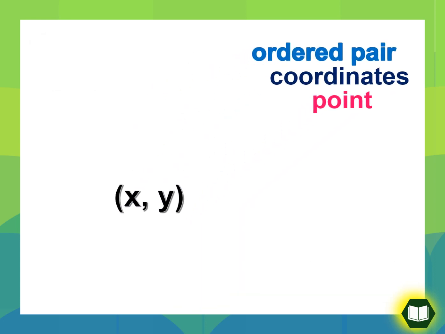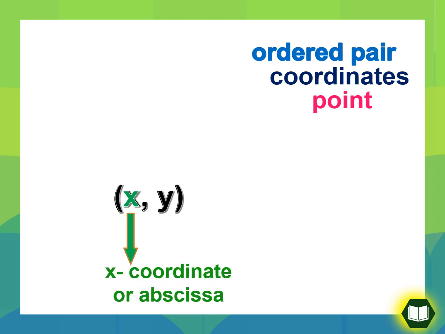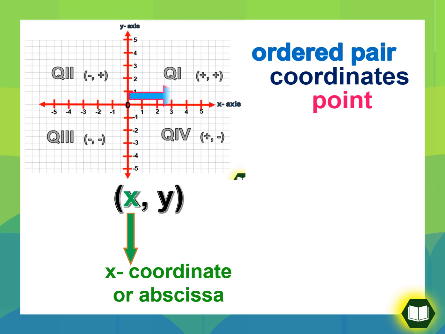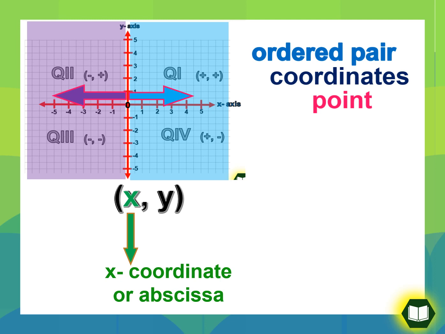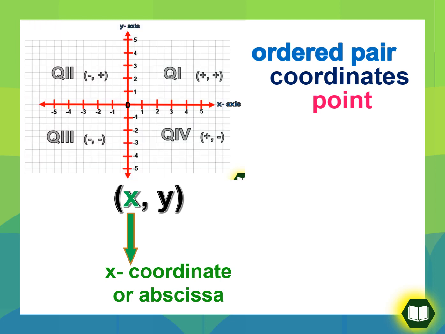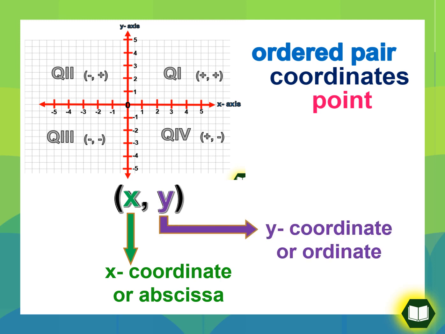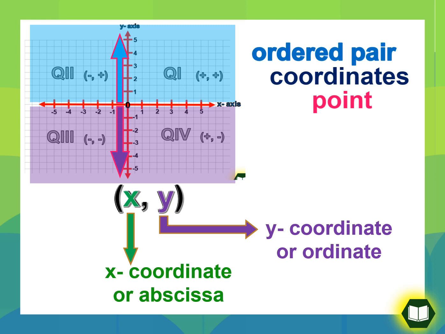The first number of the ordered pair is the x-coordinate or abscissa, which signifies the directed distance of the point from the y-axis. The second number in the ordered pair is the y-coordinate or ordinate, which signifies the directed distance of the point from the x-axis.